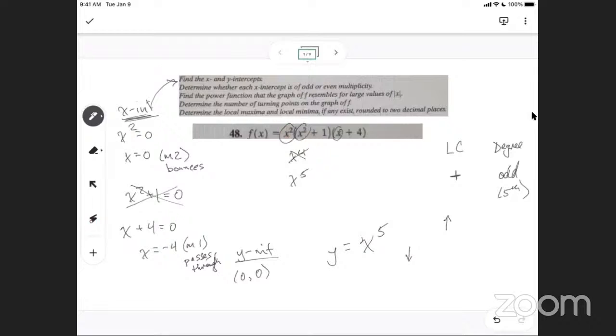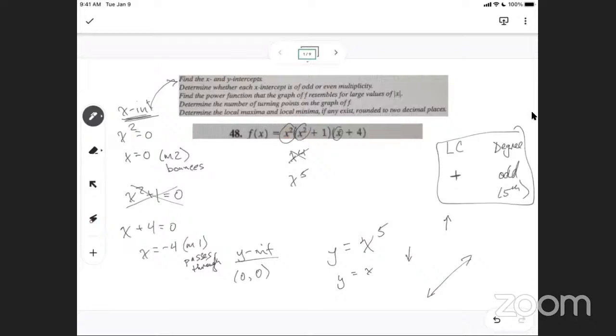Understand why? That's what I was talking about earlier. Because it's a positive leading coefficient with an odd degree, it resembles x to the fifth, or really you can even say it resembles y equals x, just a line that goes up from left to right. You understand what I mean by that?